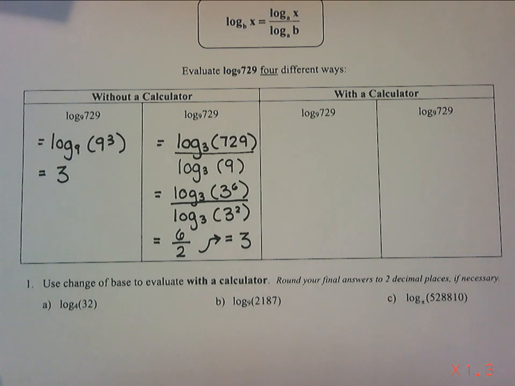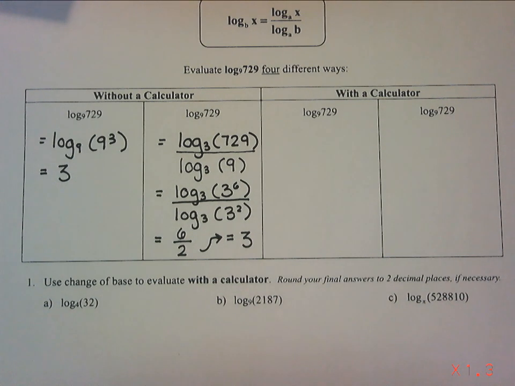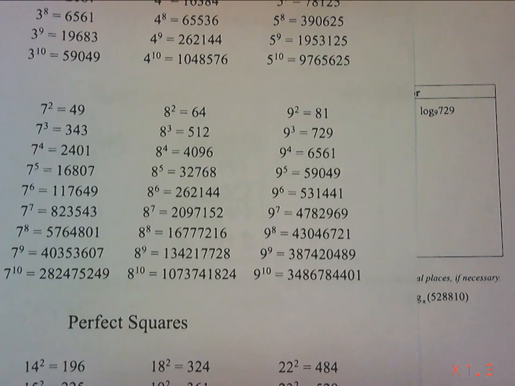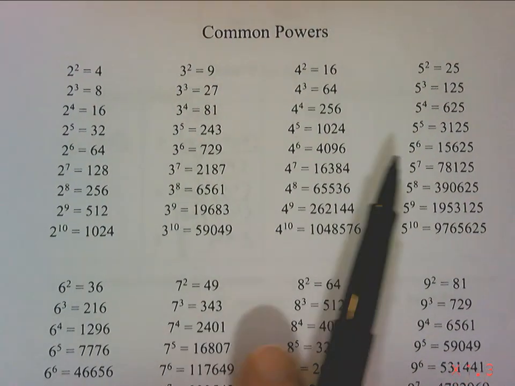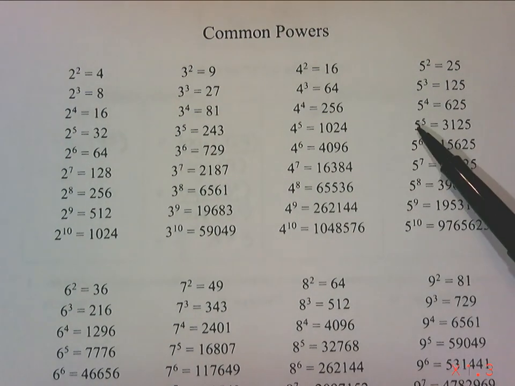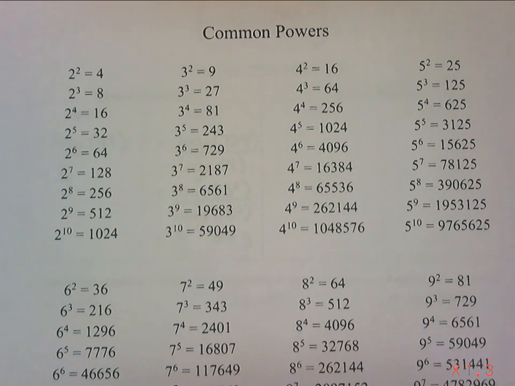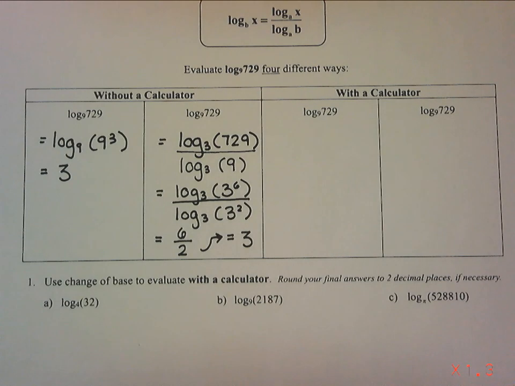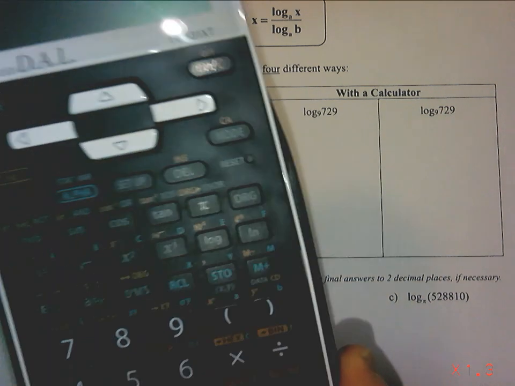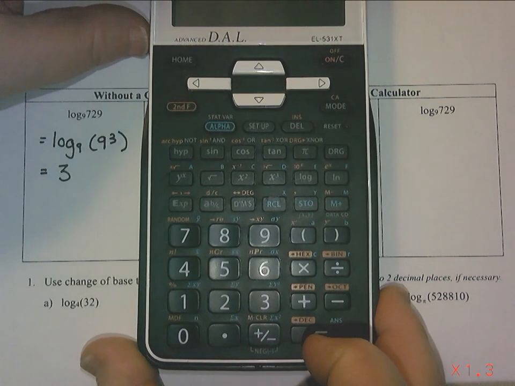Okay, so we're going to try 2 more ways, but this time using our calculator. So I noticed on my sheet, I didn't see 729 show up anywhere else. So trying to do base 5 or base 2 or base 6 isn't really going to work out for us. But our calculator does know how to do a couple of different types of logs.